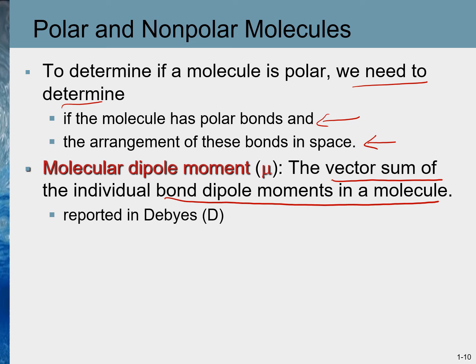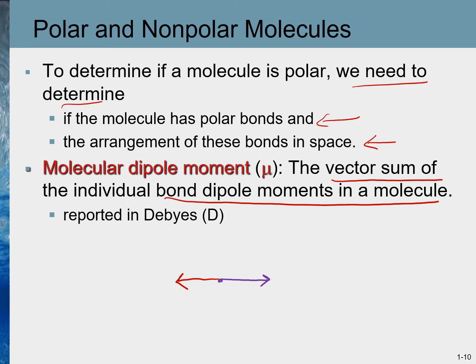So what is the meaning of a vector sum of dipole moments? Consider, for example, if we have 2 dipole moments, one pulling to the left side and the other pulling to the right side, and they are equal in strength.